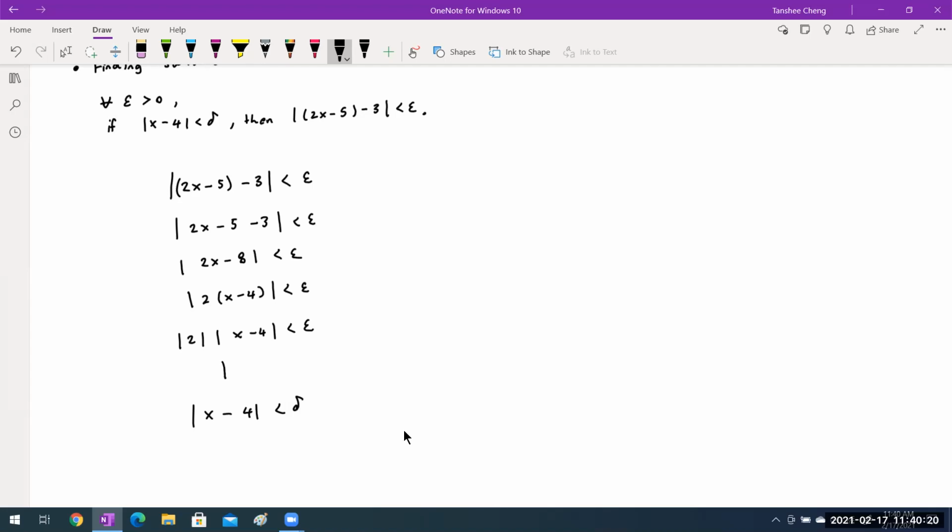So therefore, the absolute value of x minus 4 is less than epsilon divided by the absolute value of 2. And guess what? We reach the point that we want on the left-hand side of the inequality. And the right-hand side, epsilon divided by the absolute value of 2, that should be the ideal delta value.